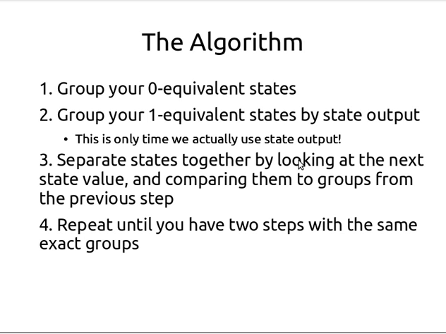Now you see this is a very algorithmic approach. You could probably write a computer program for this fairly fast. The idea behind it is that after n steps, all your distinguishable and indistinguishable states are shown, and by having identical collections for 2 steps in a row, you say that it can't be reduced anymore.